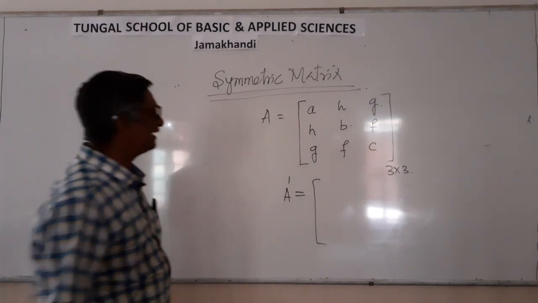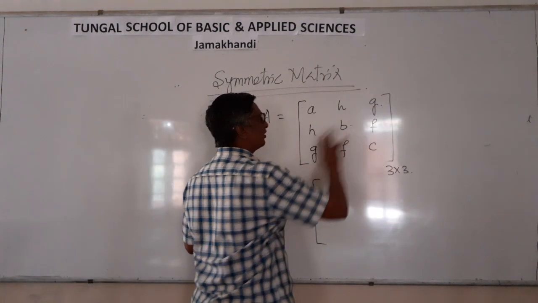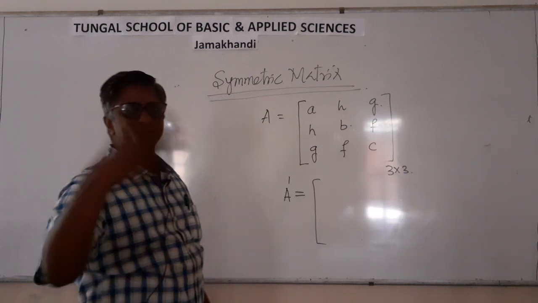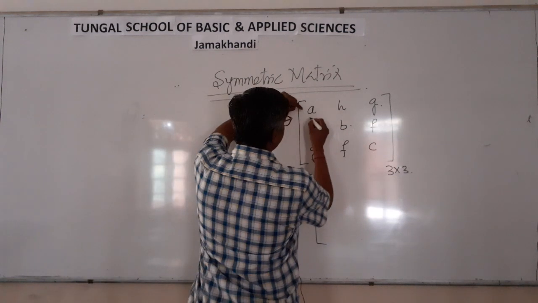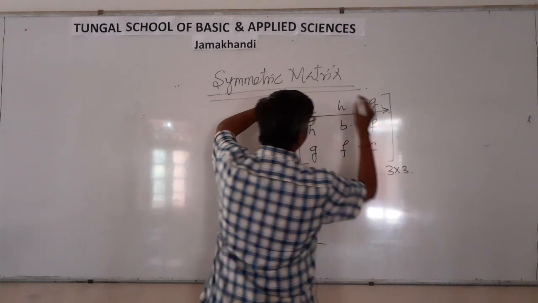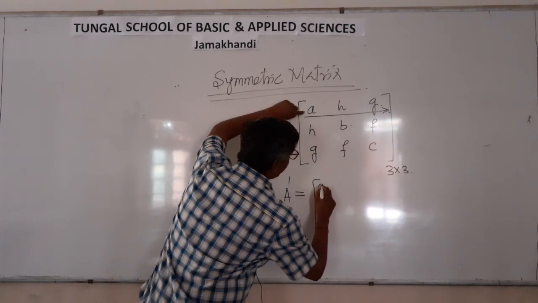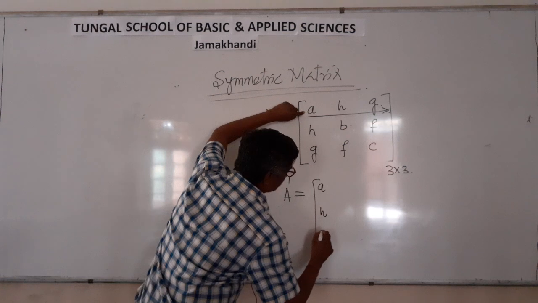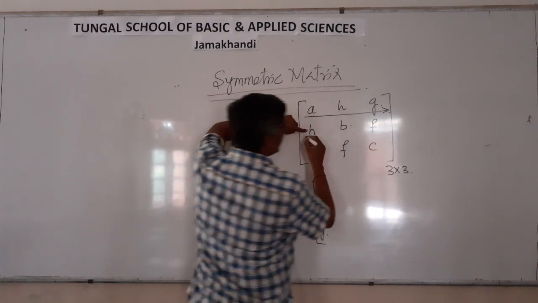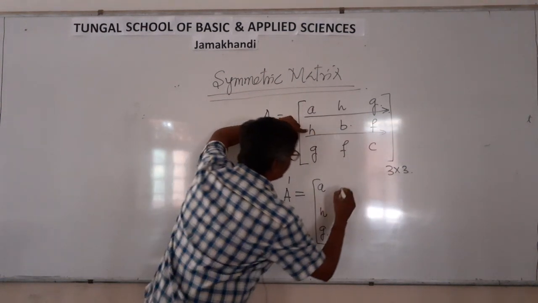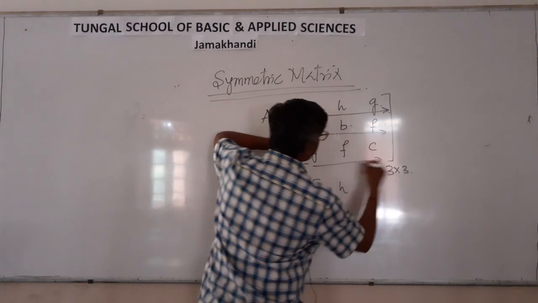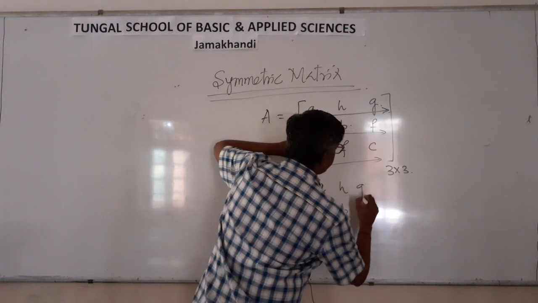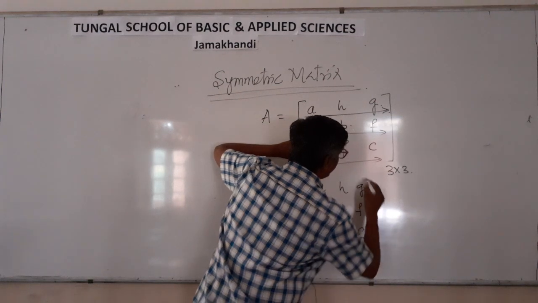A dash means changing rows into columns and columns into rows. Here I am changing the first row into A, H, G. The second row I am converting as H, B, F. The third row I am converting into a column: G, F, C.